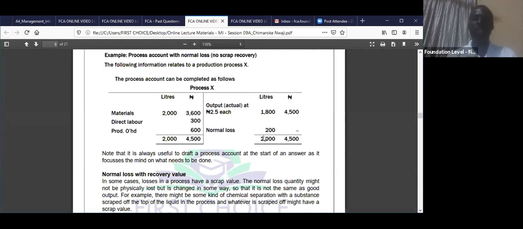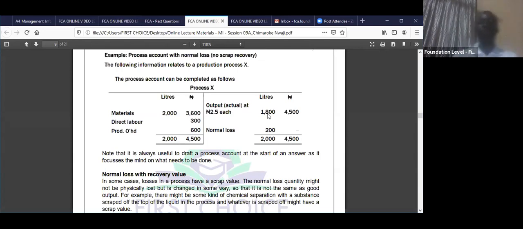What did we see? We see a situation whereby we have 1,800 actual output, which is equivalent to our expected output, and 200 were lost. We said this loss has no scrap or recovery value, so you see a nil value here. And so the whole 4,500 goes to the 1,800.